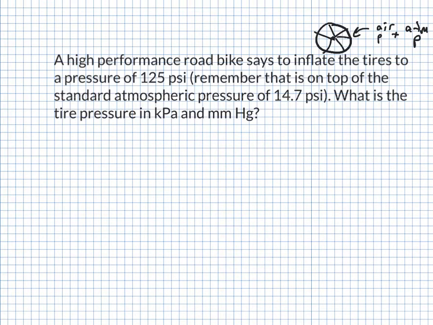That's what the gauge reads. So if the tire needs to be at a pressure of 125, that's the air pressure, 125. And that means that the gauge is going to read that 125 plus 14 psi, which is this atmospheric pressure. So that means we're going to have to add those two things together first.